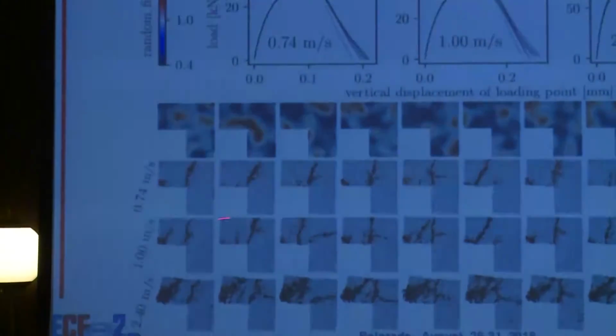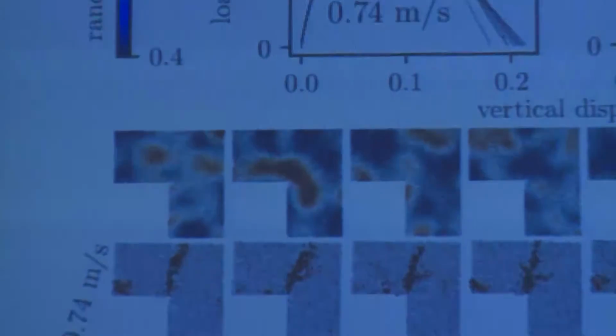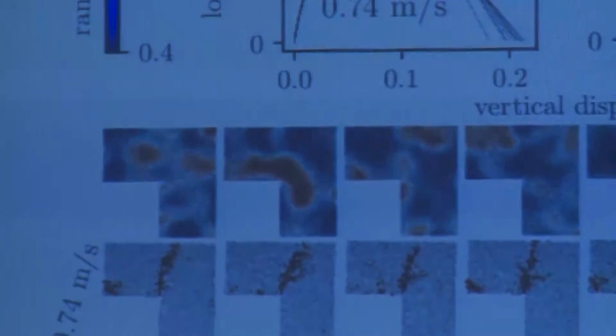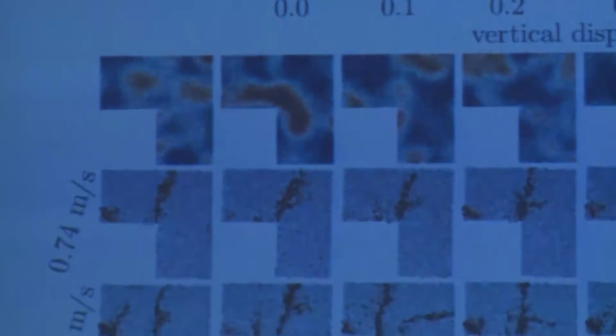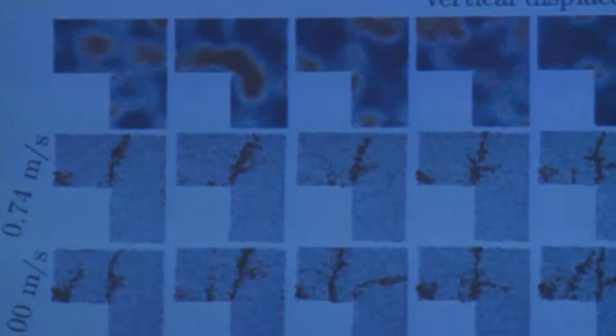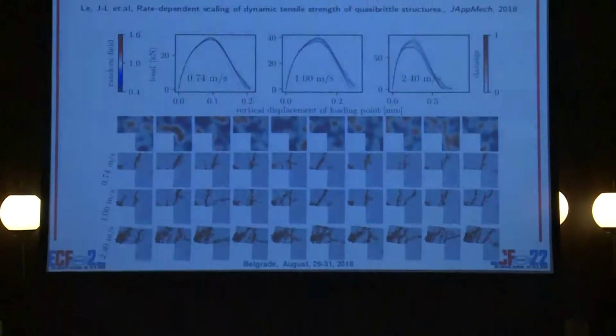And here are the crack patterns for each material properties distribution for 3 different loading rates. You can see that there is only slightly changing the load displacement curves, but the change in crack pattern is quite large here.